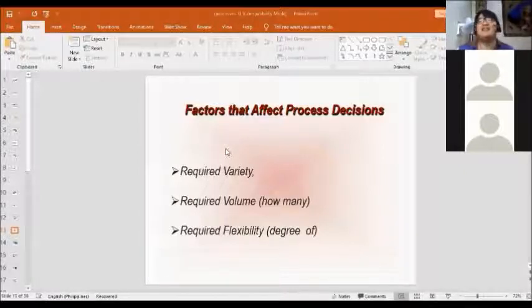In what way? Since it is a restaurant, you need to add to your staff. Or of course, you have to strategize.